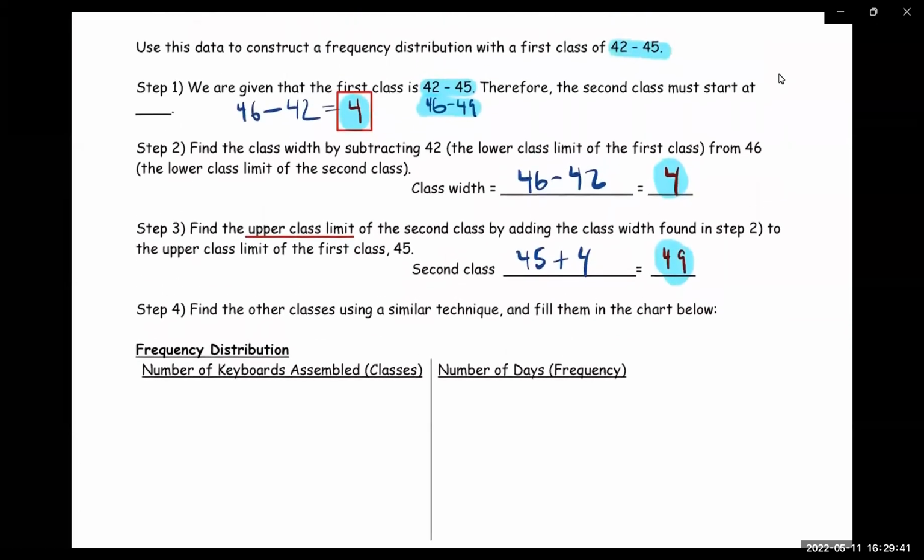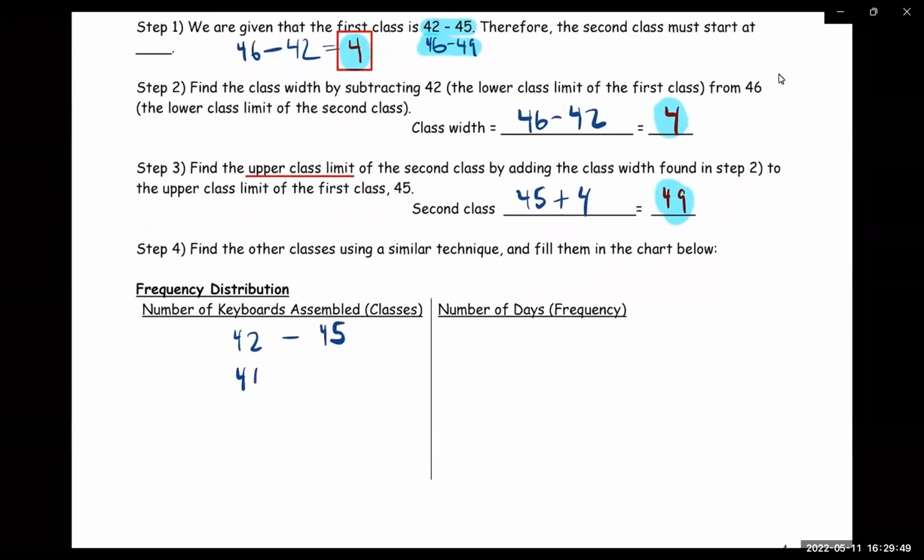Let's start with the first class, which we already have. It is 42 through 45. And then the second class, which we already found, was 46 through 49. Does anybody know how to get the third class? Well, you just take the class width and add it to the lower class limit.